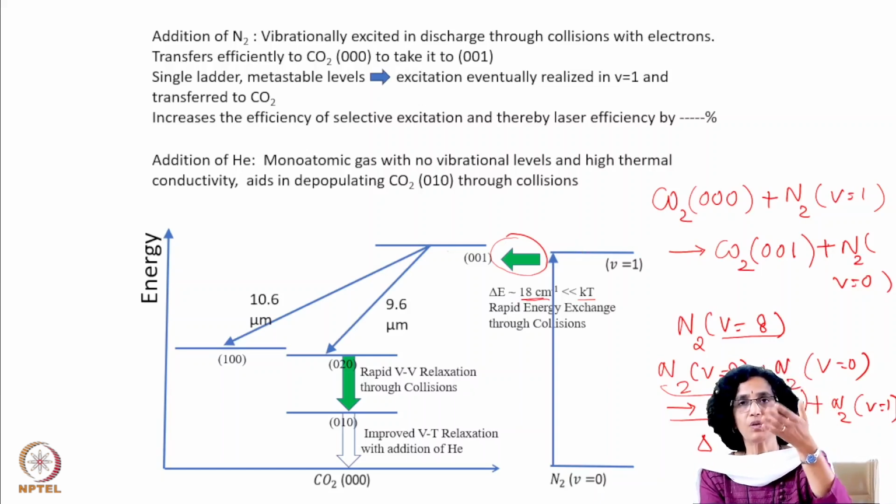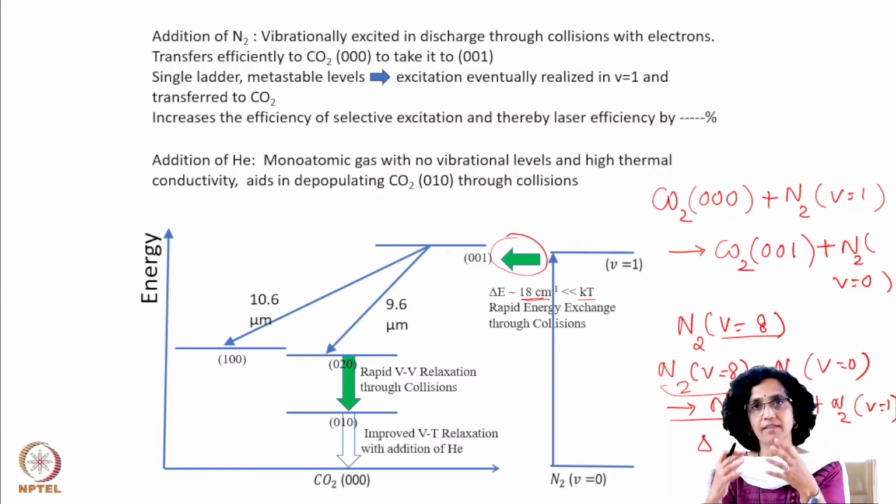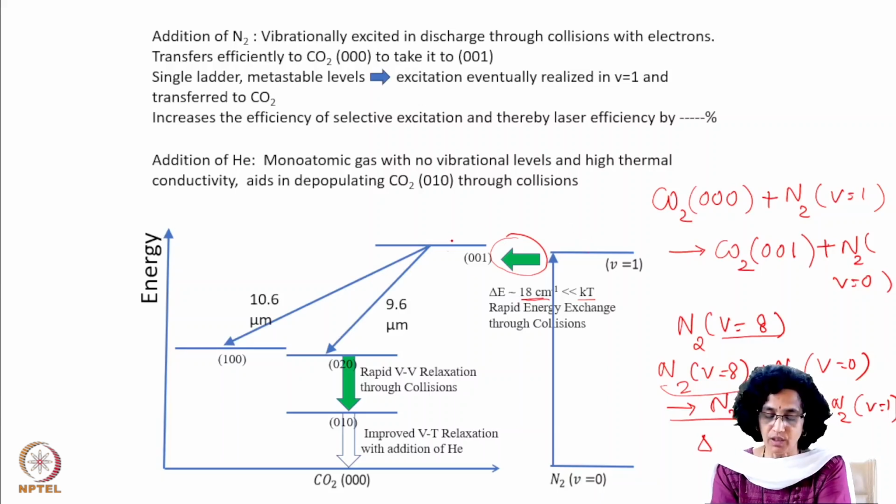Even if it is populated up to V equal to 8, V equal to 7 in a discharge, that nitrogen population eventually comes down to V equal to 1 and transfers its energy to the CO2 molecule, which takes the ground level CO2 molecule to 001.